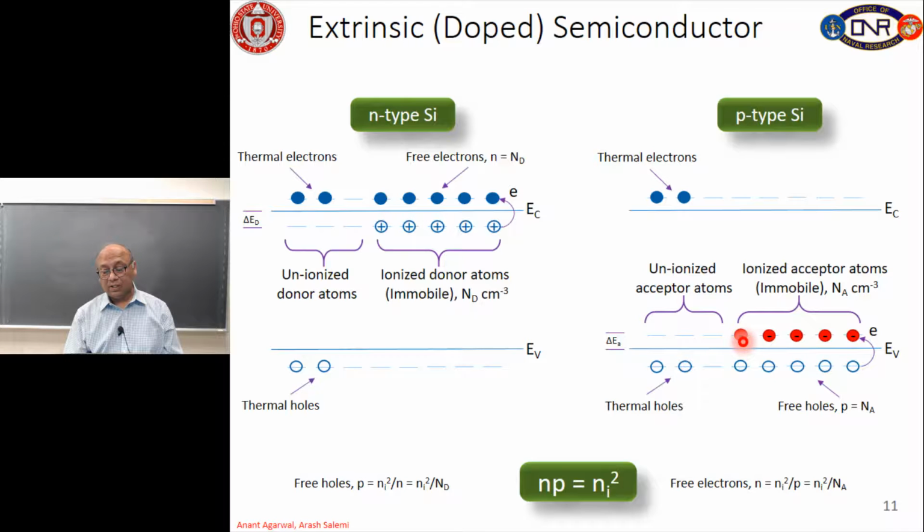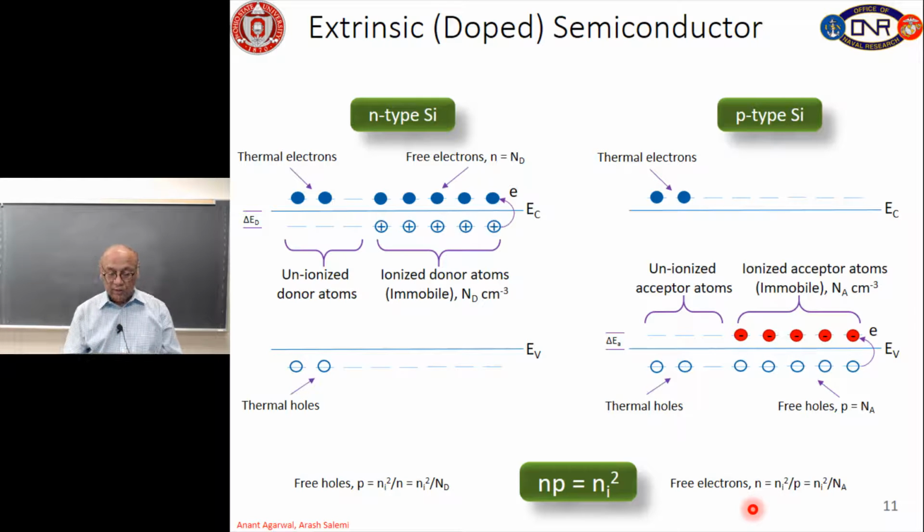If this acceptor level is very, very close to the valence band edge, then an electron can easily jump from the valence band into the acceptor level, leaving a hole behind, and therefore, we are able to write P equals the density of acceptors, Na, and we can do the simple calculation. Electron concentration is Ni squared over P, and P is equal to Na.